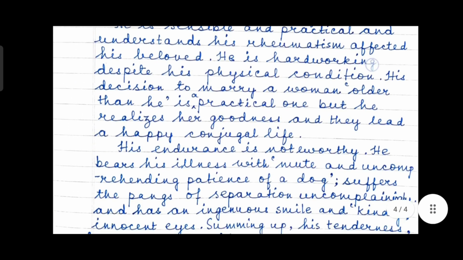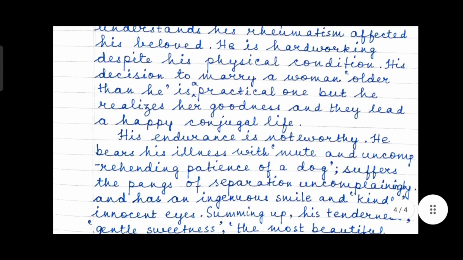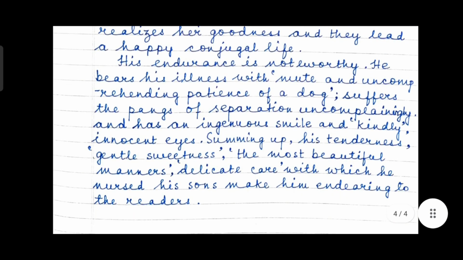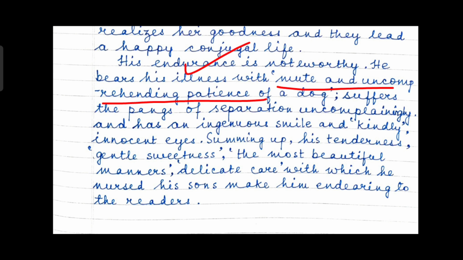Next, his endurance is noteworthy. You will have to mention this. This is very, very significant once again. His endurance is noteworthy. He bears his illness with mute and uncomprehending patience of a dog. I have mentioned the point and here I have briefly justified it.